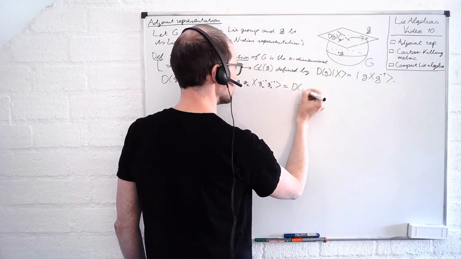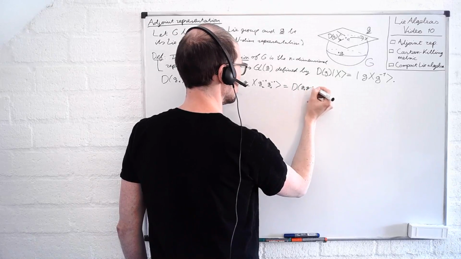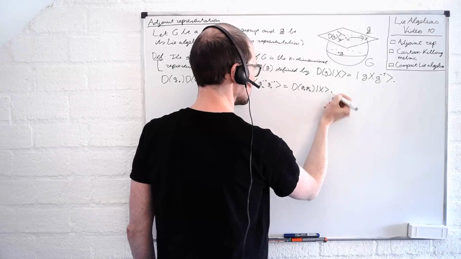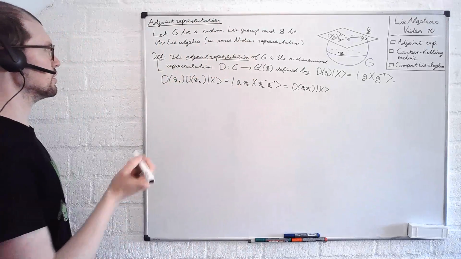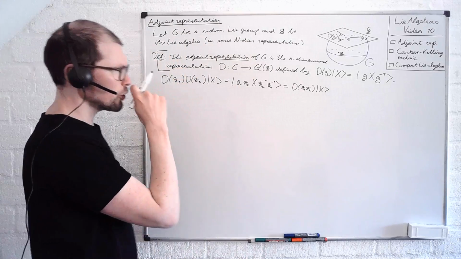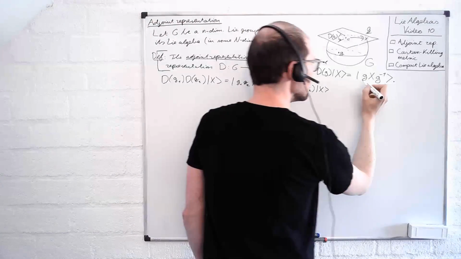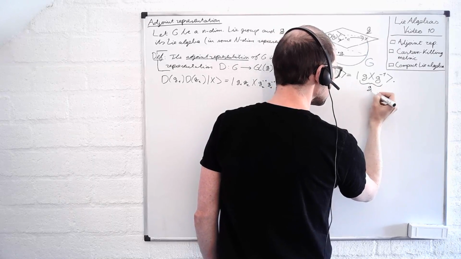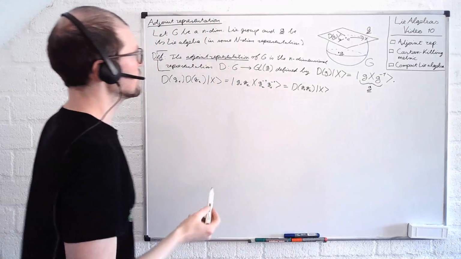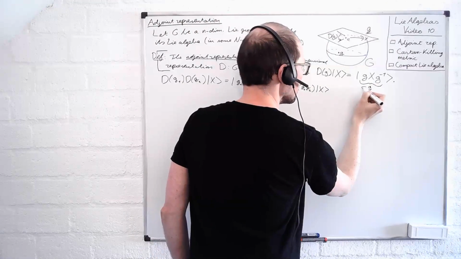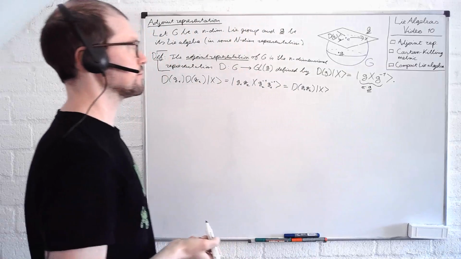But that is like conjugating with the composition of g1 and g2, right? So it satisfies the axiom that we need for a representation. The only thing I have to convince you of now is that this N by N matrix is really an element of the Lie algebra again.